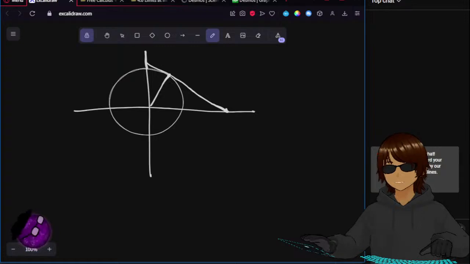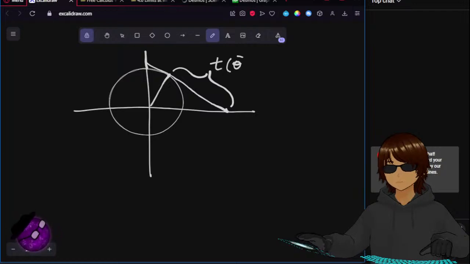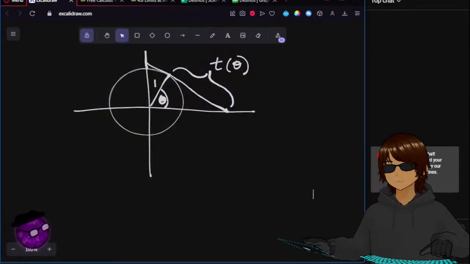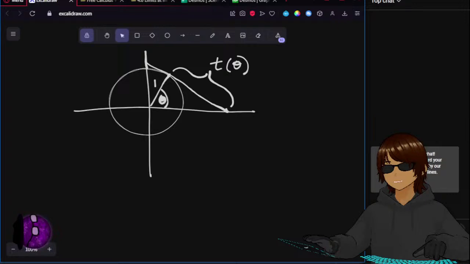So this would be tan theta, where this is theta, and the hypotenuse is 1.